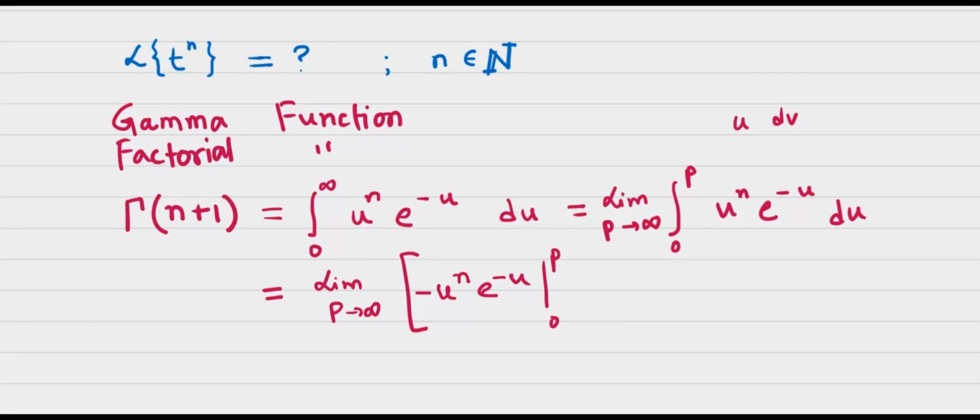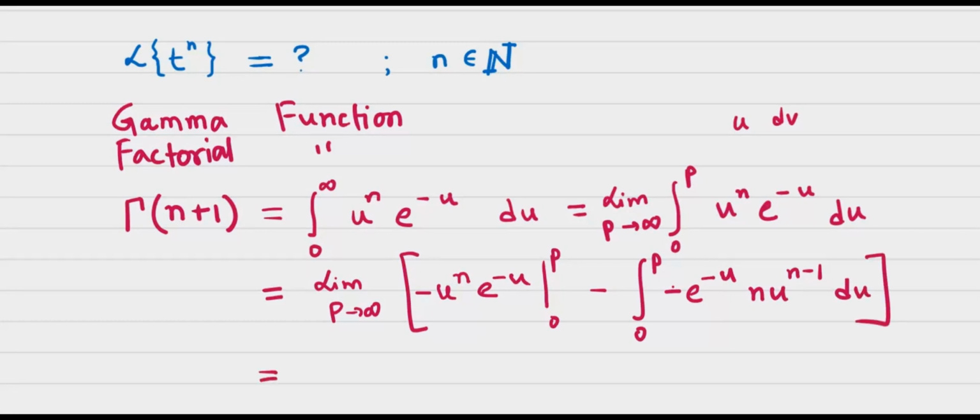In the next step, we have minus v du. So v is of course negative e to the power minus u, and du is n times u to the power n minus 1, and that is integrated from 0 to p. I can take this negative sign outside, so this becomes positive. Actually, let me do it in the next line.